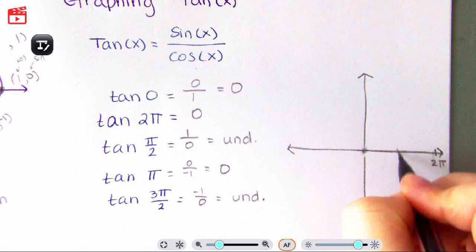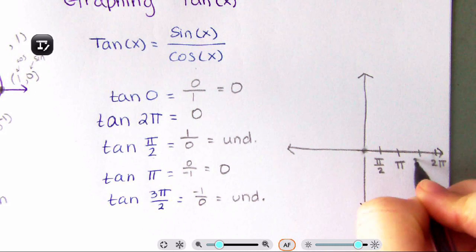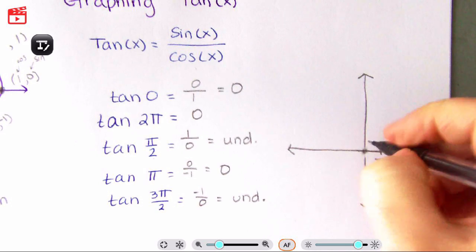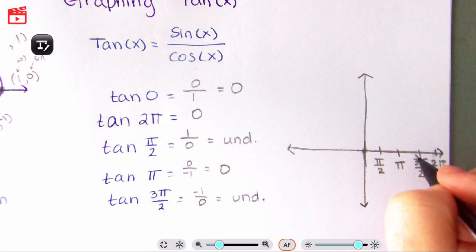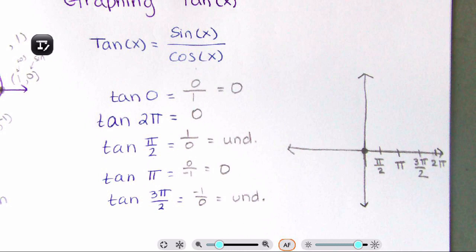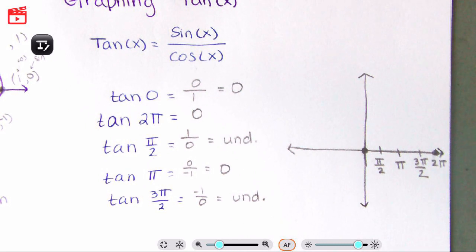This is pi, this is pi halves, this is 3 pi halves. So what do we know? We know that tangent of 0 is 0. Tangent of 2 pi is 0, so my points were originally okay. Tangent of pi halves is undefined.